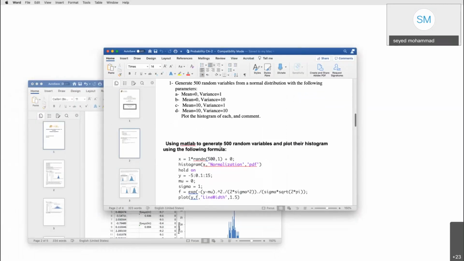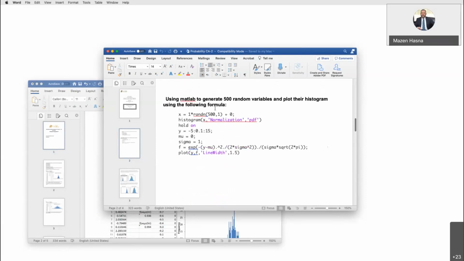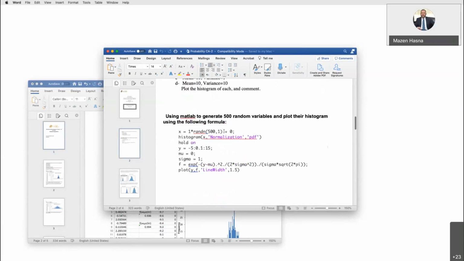Okay, so as you can see, this is the example that you have in your computer assignment. I ask you to generate 500 random variables from a normal distribution with those means and variances. So this student decided to use MATLAB. In MATLAB, it's very simple. You just generate the random distribution with randn for the normal distribution of 500 by 1 because you want to create a vector, not a matrix.